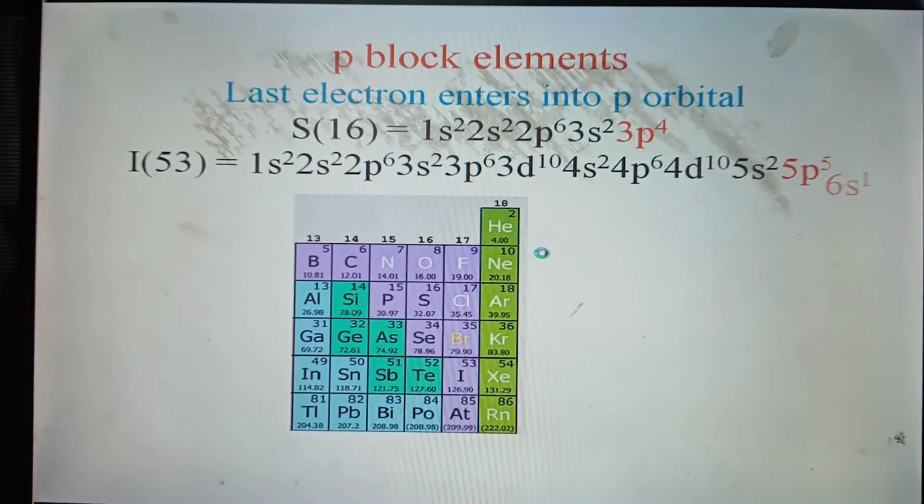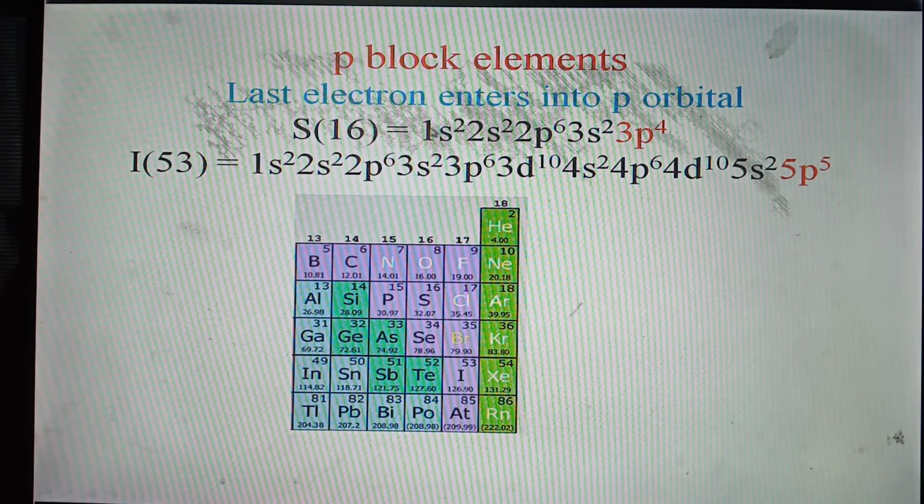Then the next block is the p block. The elements in which the last electron enters into the p orbital are known as p block elements. There are 6 columns for p block elements. Let us take the example of sulfur. The electronic configuration shows that the last electron enters into 3p, so it's a p block element.